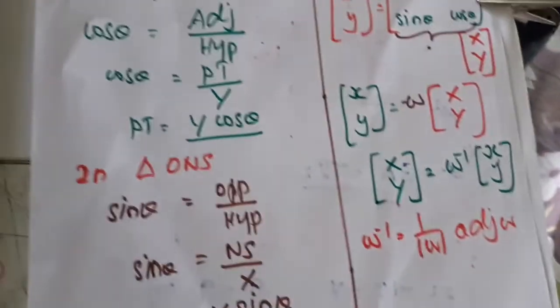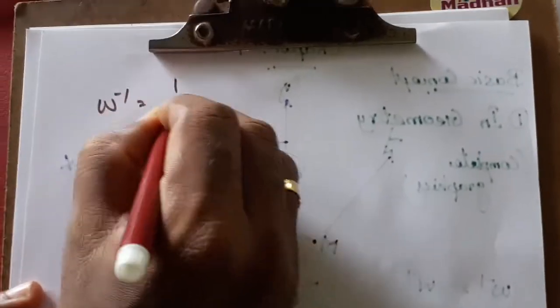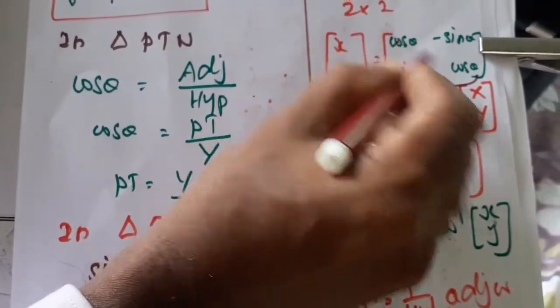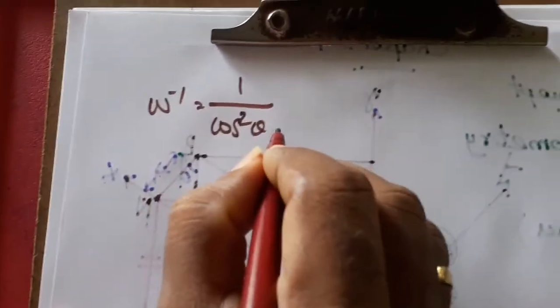Already we know the 2 into 2 matrix, that means cos theta into cos theta means cos square theta.